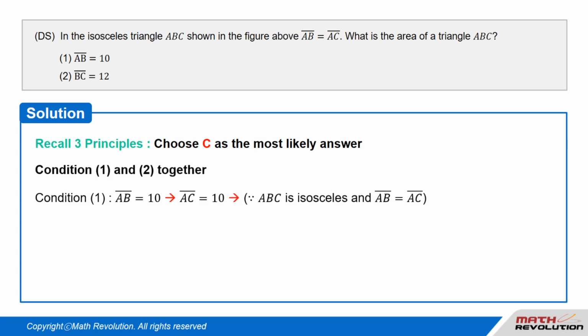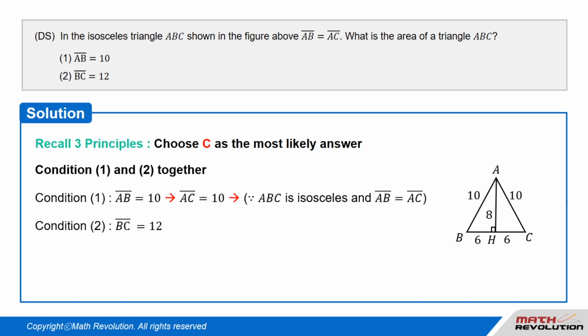Let's take a look at both conditions together. Condition 1 tells us that line segment AB equals 10. Because it is an isosceles triangle, we also know that line segment AC equals 10. Condition 2 tells us that line segment BC equals 12.